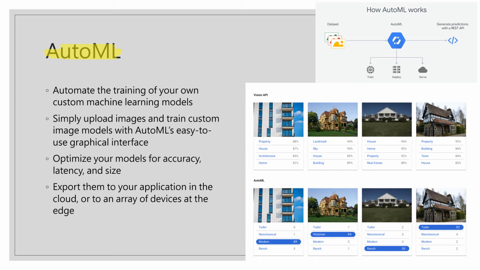Okay, AutoML. So AutoML is like that. You prepare a huge amount of images with labeling. So you tell what is the meaning of this image, what is the meaning of that image, etc. You provide the label for that. And then you go to AutoML, and AutoML will help you to train the model. Of course it costs money because it's a Google service.